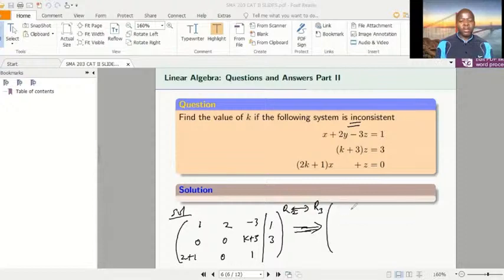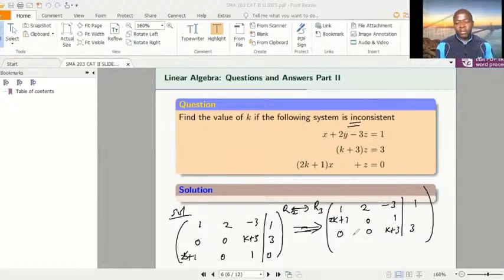It will be 1, 2, negative 3, 1, then 2K plus 1, and this will be 0, 1, and this will be 0, 0, K plus 3, 3. So this is how the matrix would look in echelon form.